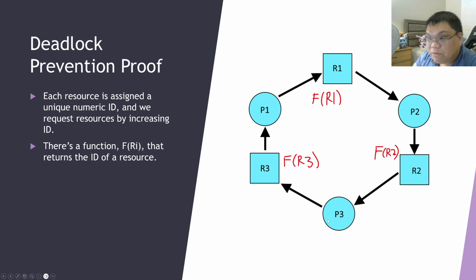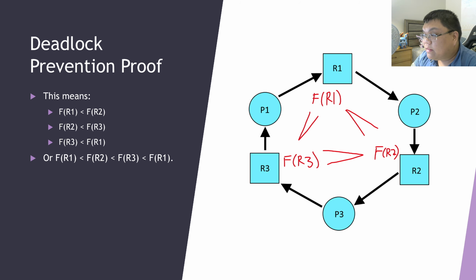Each resource is given a numeric ID, and we use a function, f of Ri, to give the numeric ID of a resource. This also means that if each process must be requesting resources in numeric order, it means that f of R1 must be less than f of R2. f of R2 must be less than f of R3. f of R3 should be less than f of R1.